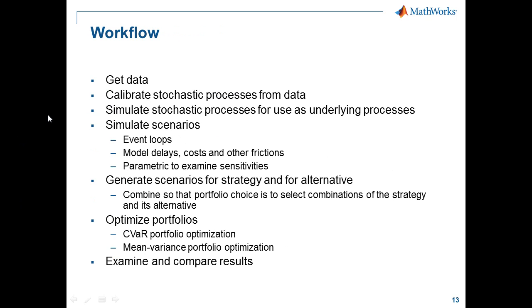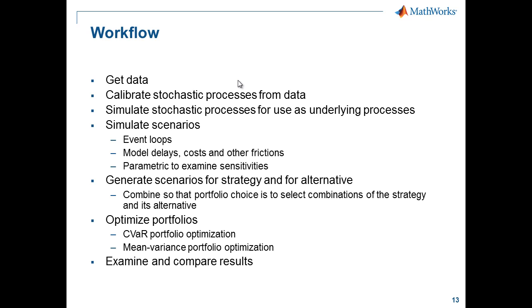So our normative analysis essentially has the following workflow. We're going to get some data. We'll then calibrate stochastic processes for that data and then simulate them, and then use that to simulate scenarios. And scenarios are a jargon that is used in stochastic optimization in particular, but the idea is that what you're doing is you're generating, in this case, returns from the underlying distribution of the strategy and processes involved with generating portfolio returns for a period.